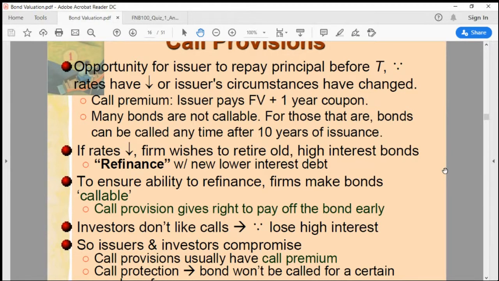So let's say you're selling $10 million worth of bonds, which means roughly about 10,000 bonds, right? And your coupon rate is 15%. And let's say this is a 20-year bond.